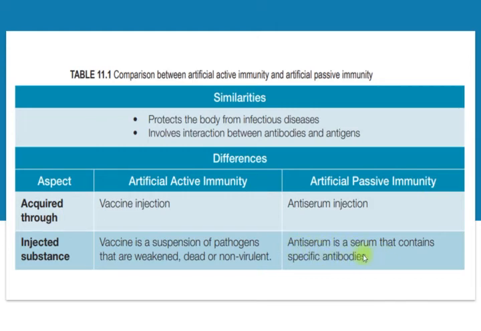So what is an anti-serum? A serum that contains specific antibodies, whereas the vaccine contains the suspension of pathogens that are weakened, dead, or non-virulent.